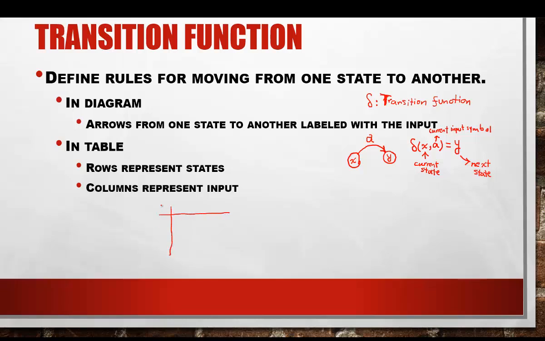So then my delta function will be basically a function from a cross product of a number of states and my alphabet.